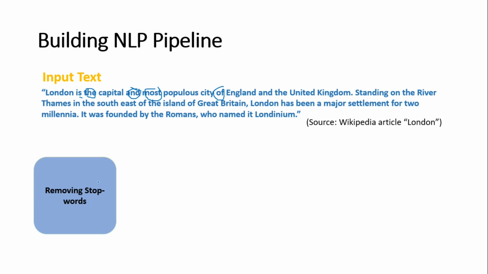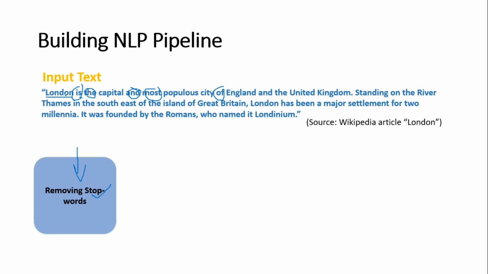So we use the stop word dictionaries that are available in various libraries, like NLTK and Stanford. We pass each word into that stop word dictionary, and the dictionary will check whether the word is available in it or not. If that word is available, then in the sentence the word "is" will be removed, and "the" will also be removed.